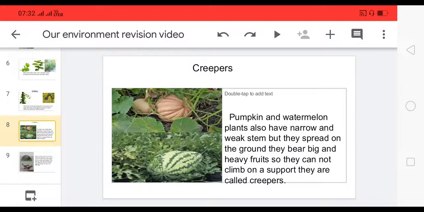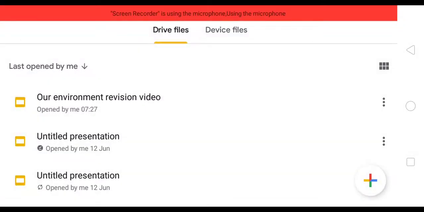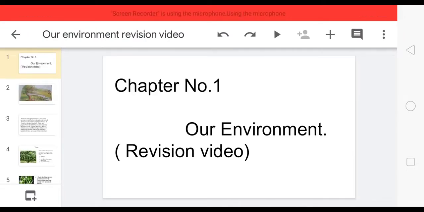Okay, and see children, in this picture you can see a stone. In this picture you can see a stone and a sparrow.